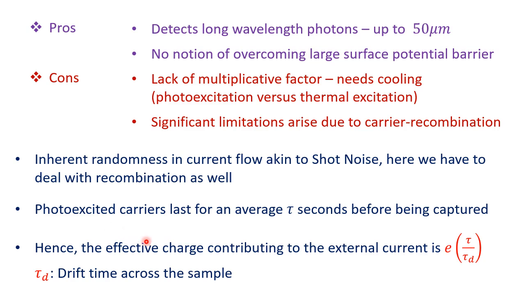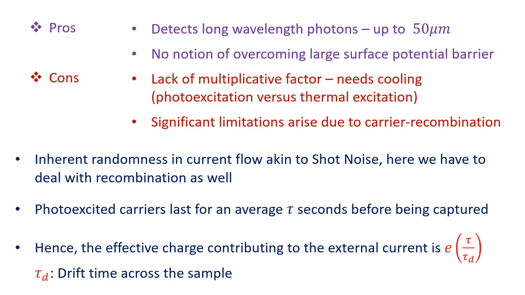So you see that the effective charge that contributes to external current is basically this ratio of tau over tau d, right? Tau d being the drift time required for the electron to cross the whole sample, right? So not everybody makes it through, right? The ones that do not make it through are captured at a time tau before they reach the other end. So you see that only that fraction is the one that contributes to the current in the external circuit.